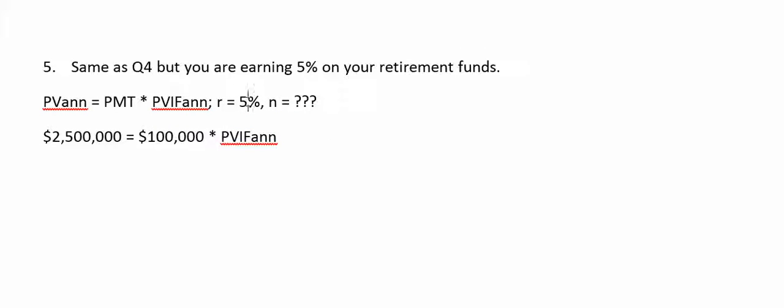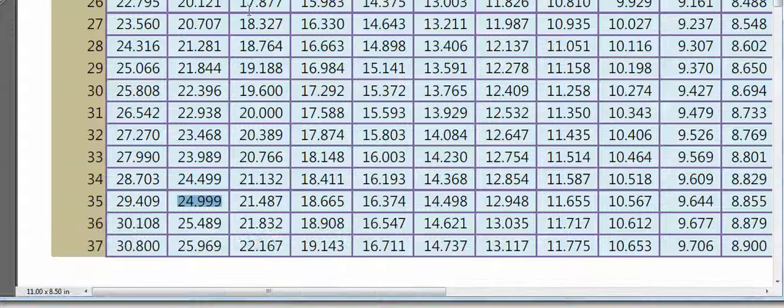And the question is still, how long will our money last? So we work it the same way. My present value is $2.5 million. My payment is 100,000. That gives us an interest factor of 25.